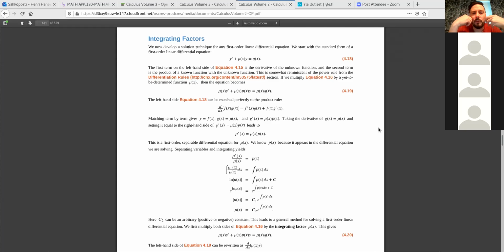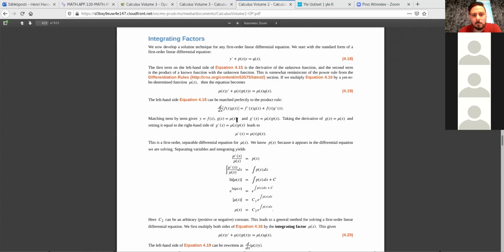So in this case, for instance, when we multiply this by mu of x, which is suitably defined, then we can transform this, noting that we have this y, which is unknown, and we denote that by f of x.